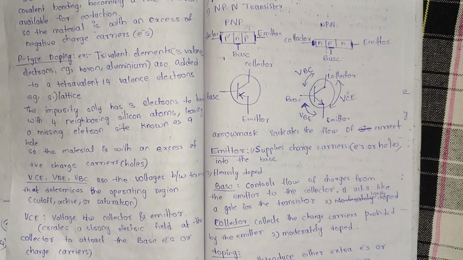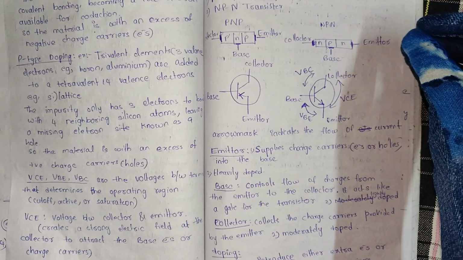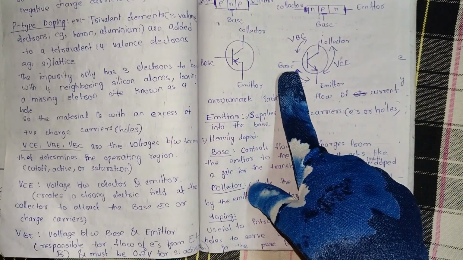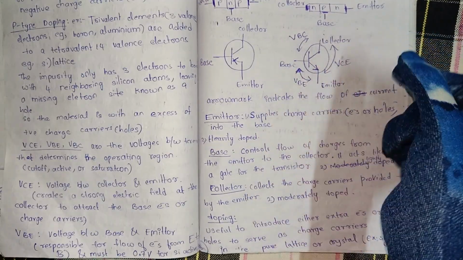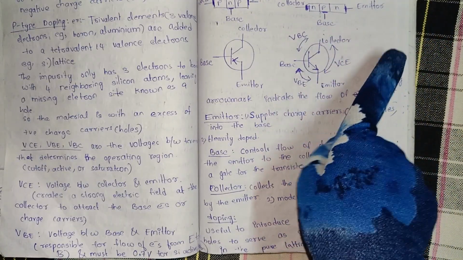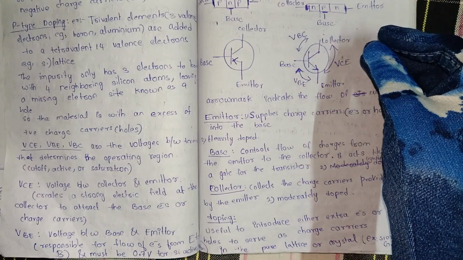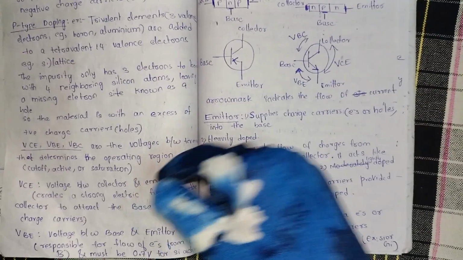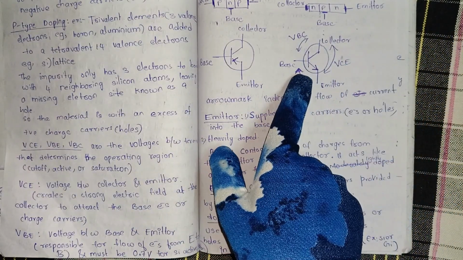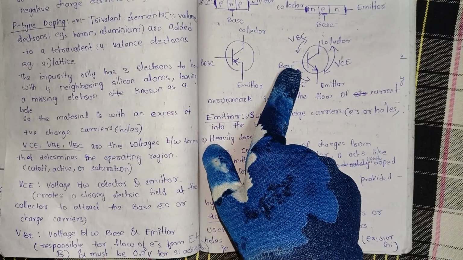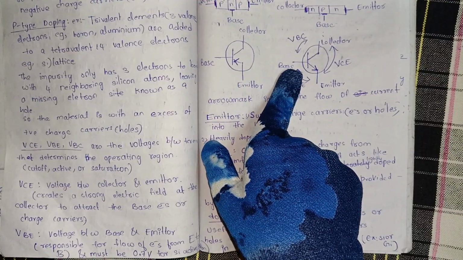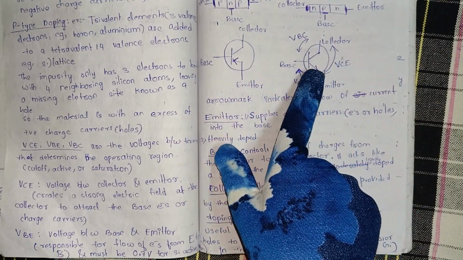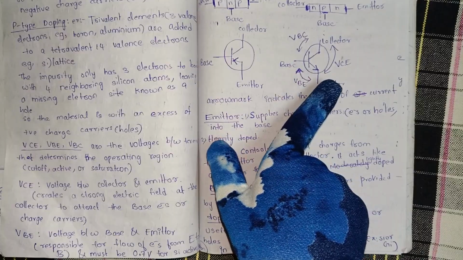Why it is lightly doped: if it is heavily doped, then there would be a majority of holes in the base, so the holes of the base would recombine with the electrons which are supplied by the emitter.